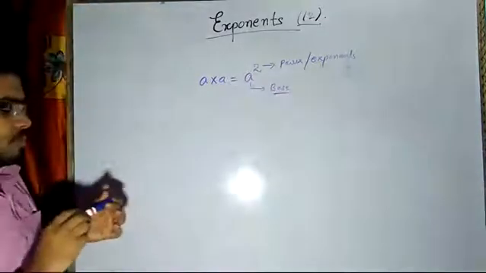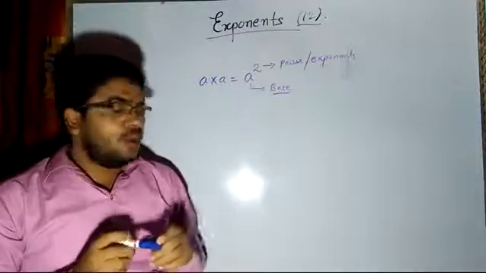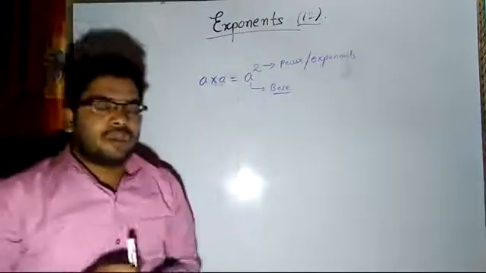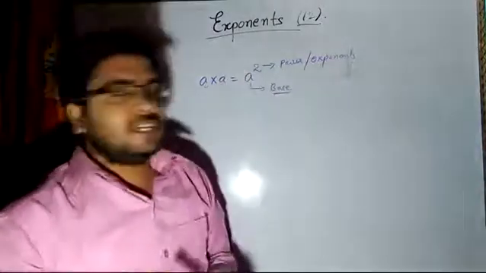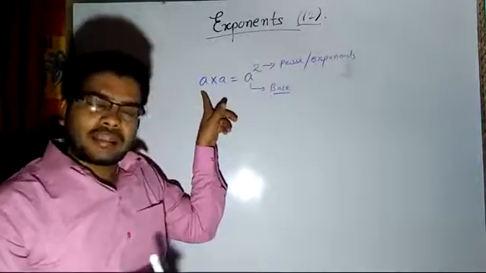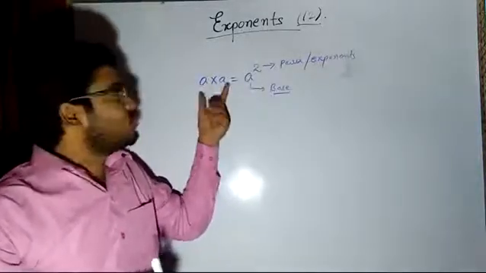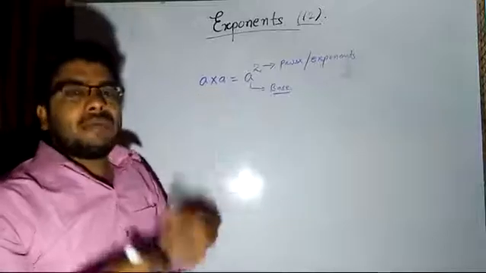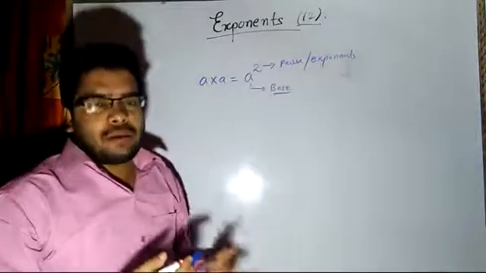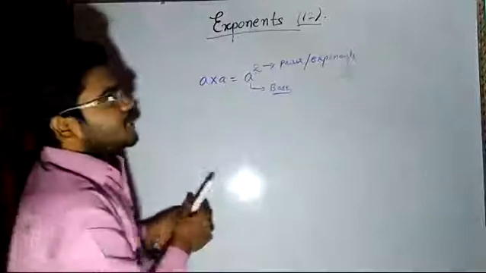Now first let me explain the definition of exponent, or make it clear what is exponent. When a number is multiplied by itself, like this number a, if these numbers are multiplied by itself n number of times, then it can be written in the short form.